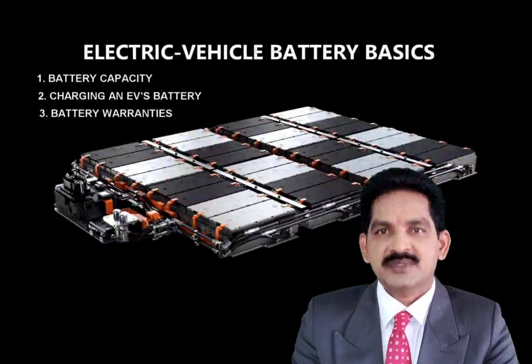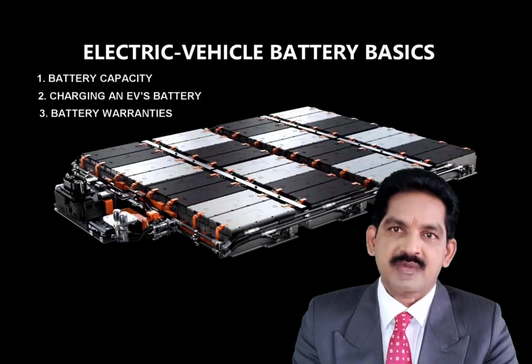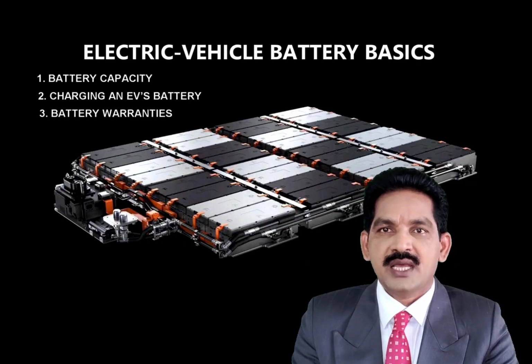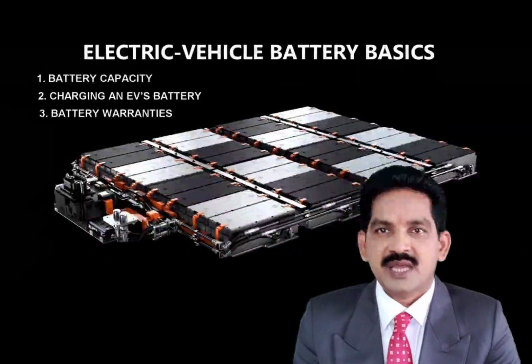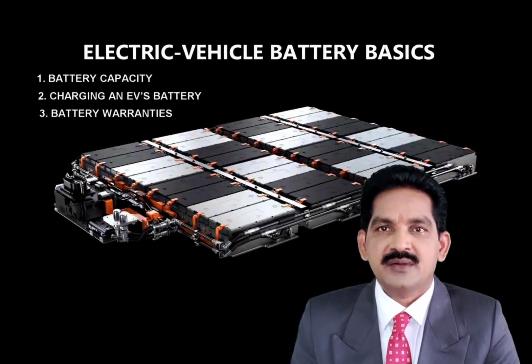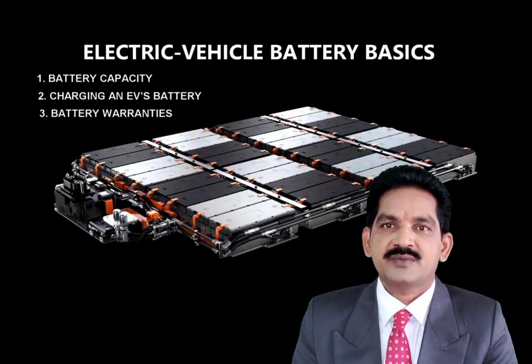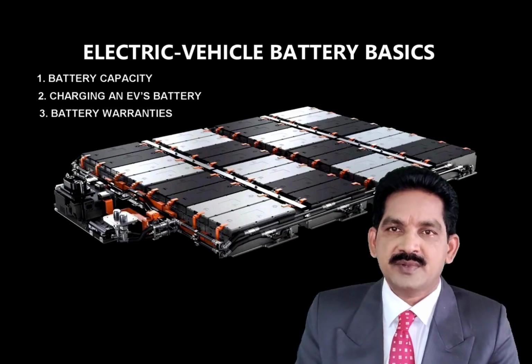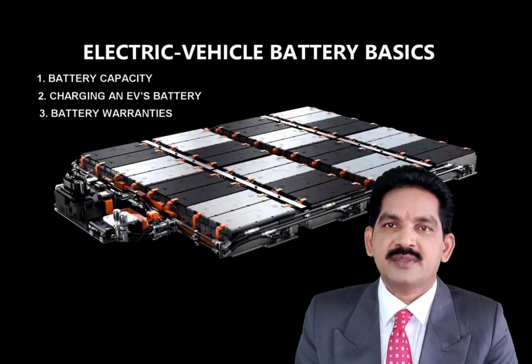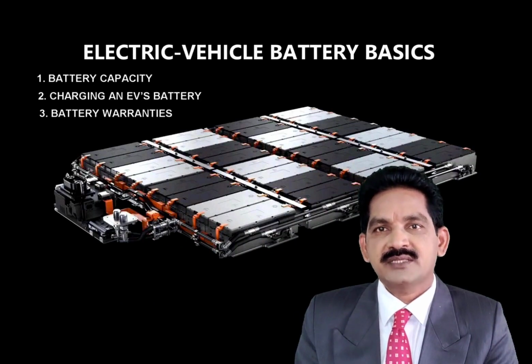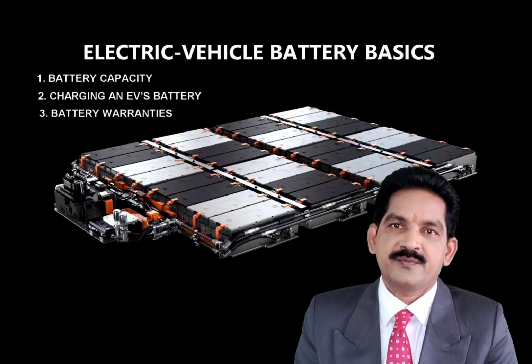Battery capacities and other aspects of the current electric vehicles can be found in our videos here. Coming to the battery capacity, perhaps the most critical factor to consider when shopping for an electric vehicle is the battery's estimated range on a full charge.